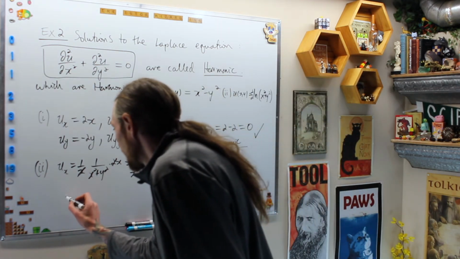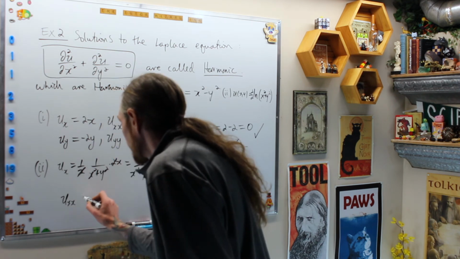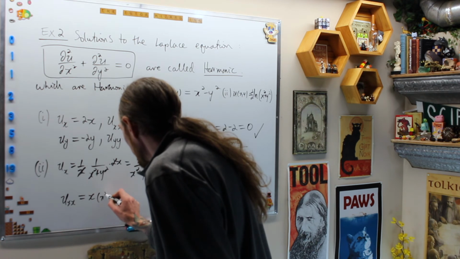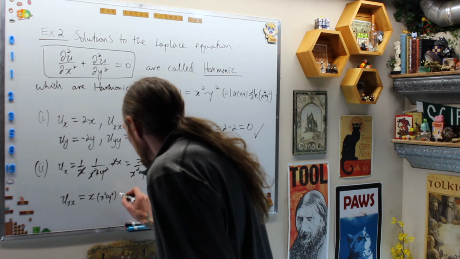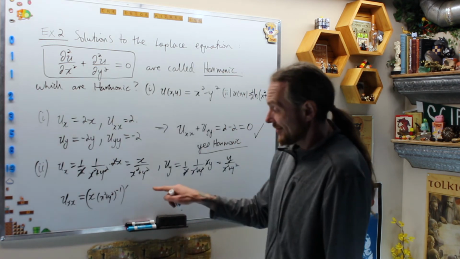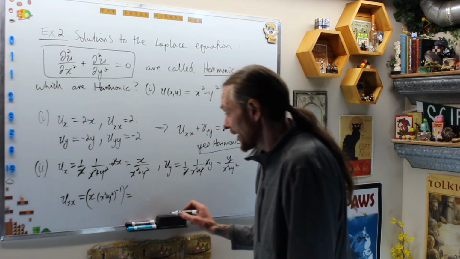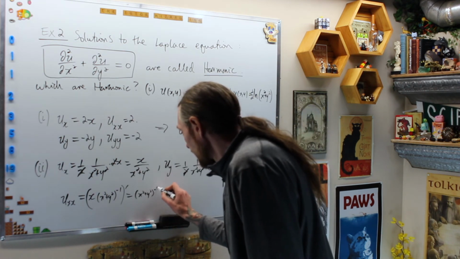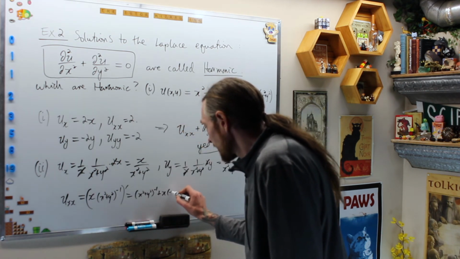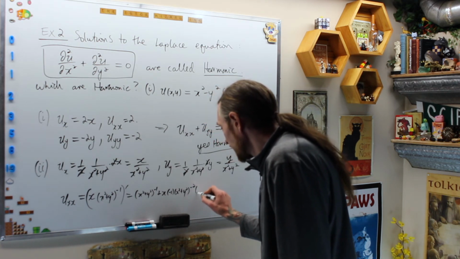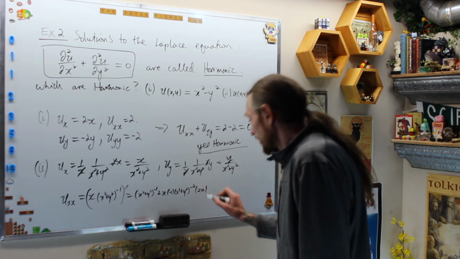This is going to give me uxx is equal to x times x squared plus y squared to the minus 1, take the derivative with respect to x. I know that's bad notation, but what do I get from this? I'm going to get x squared plus y squared to the minus 1 plus x times negative 1 times x squared plus y squared to the negative 2 times 2x.